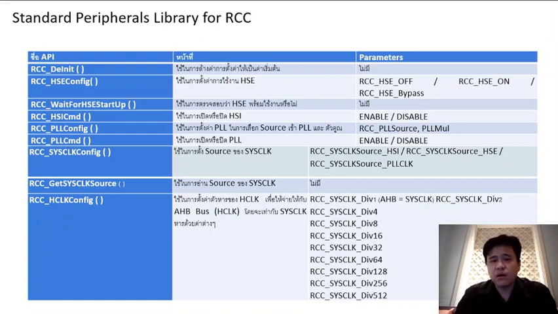The different method is called the standard peripheral libraries. We talked about this a little bit before. What is the difference between the standard peripheral libraries and the C that we programmed last time? The main difference is that the standard peripheral library provides you the APIs, or functions, that you can use to control every single thing that happens in your CPU. For example, if you would like to do something with your RCC register group, they provide a lot of functions you can use to control most of the other things.